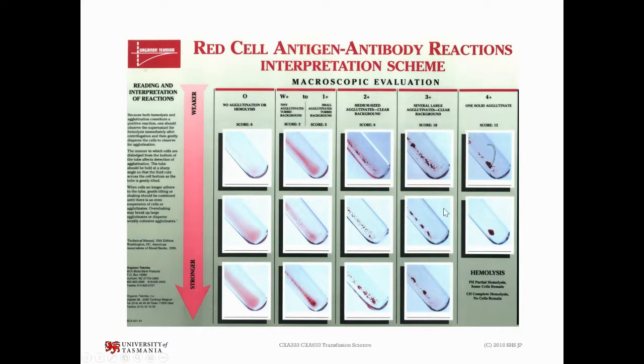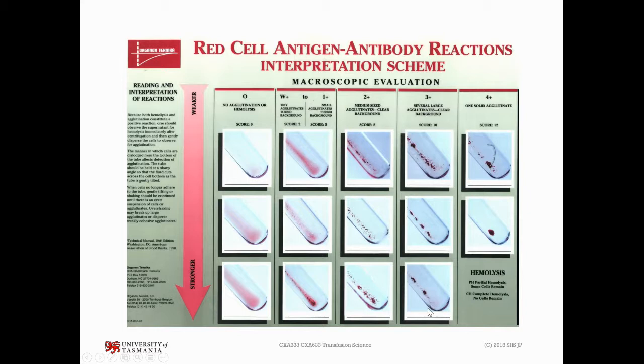Sometimes we will get a weaker reaction, particularly with the group O person and the anti-B, because there tend to be less, I think it's just a lesser concentration in some group O people. So sometimes you might get a score of 10. And of course, this also depends on how hard you shake your tubes.